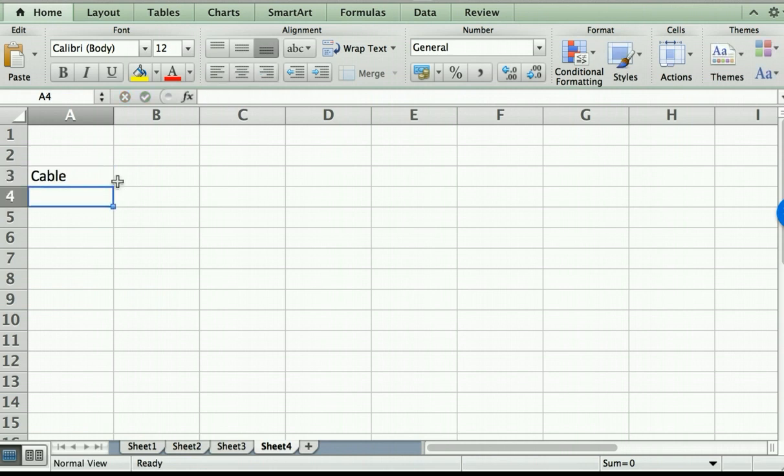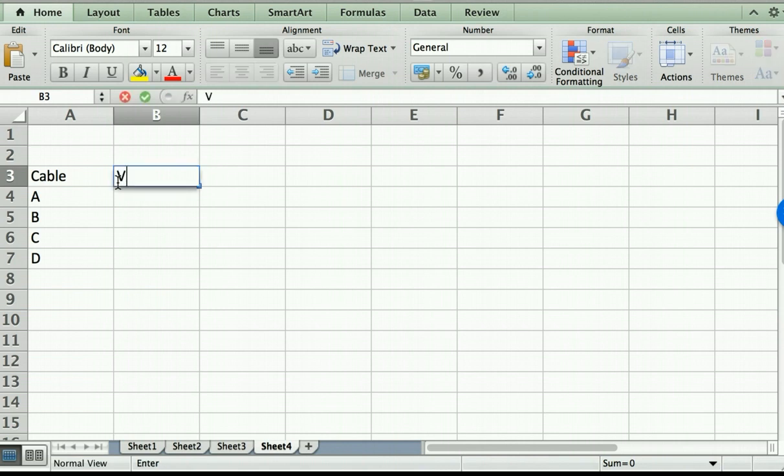So I have four cables, that is A, B, C, and D, and the cables' voltage ratings are as follows: 210 volts, cable B is 500 volts, cable C voltage rating is 330 volts, and cable D voltage rating is 1000 volts. And then I have the I rating.